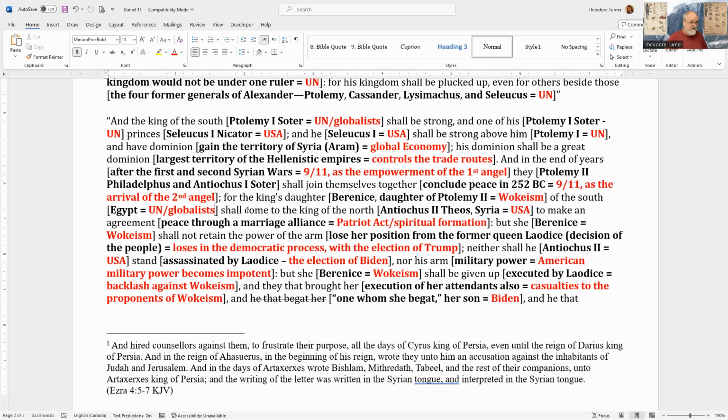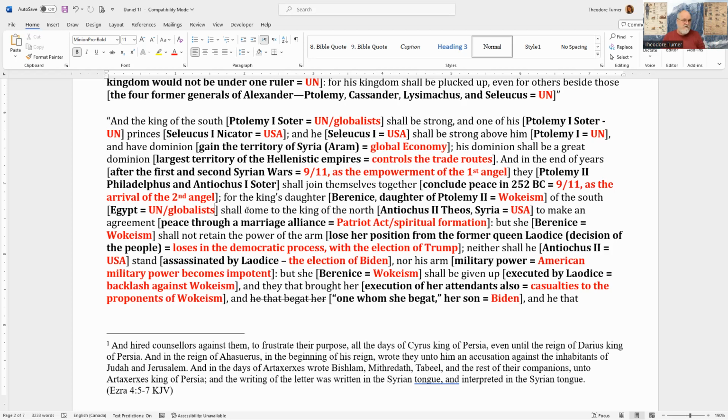The king of the north being the United States. Now, at first we were trying to say, well, maybe this represents some kind of Protestantism or something. We could also maybe say it has something to do with the Constitution and so forth. But I think the best, at least at this point, is to say that this is about the democratic process that elects Trump.